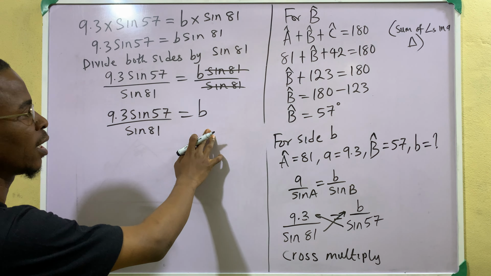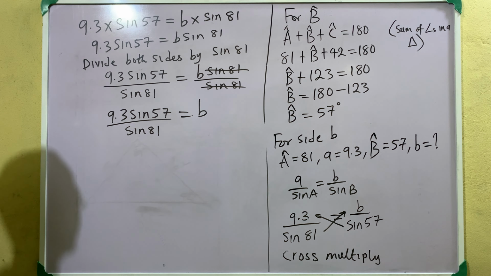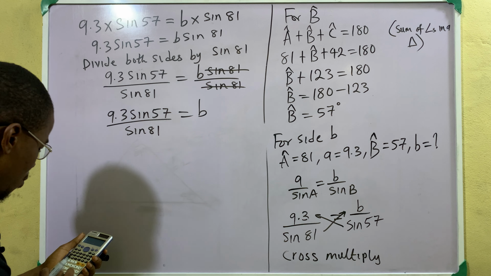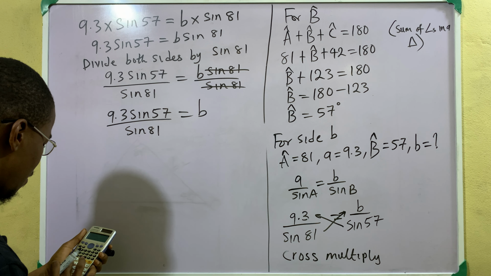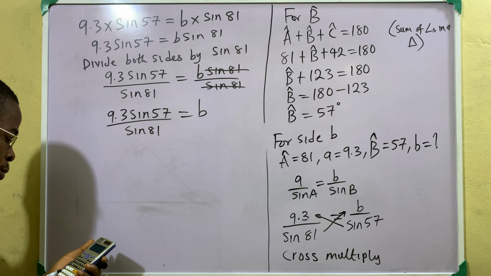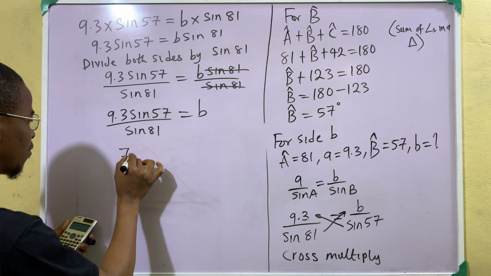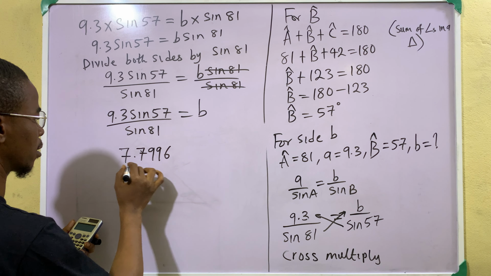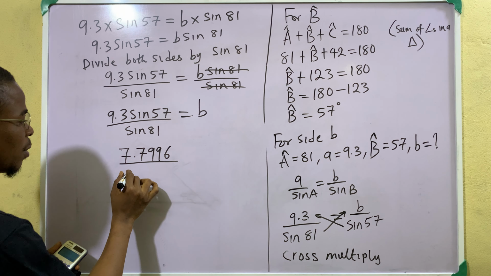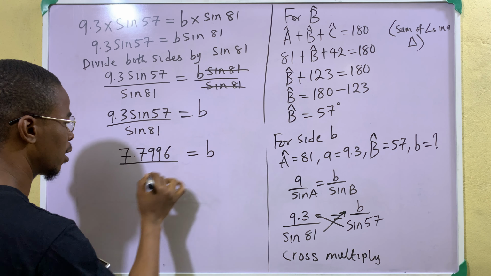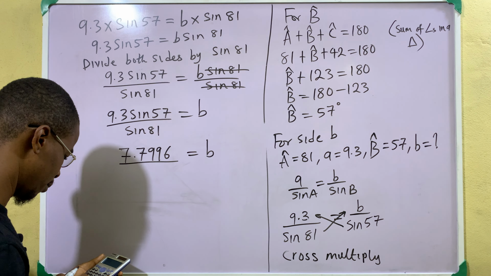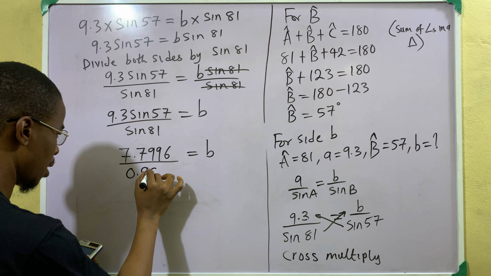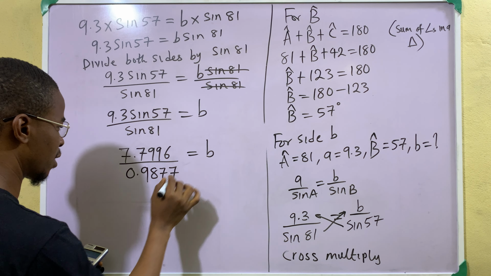Once you've made b the subject of the formula, you can start the calculations. So let's go. We have for the numerator 9.3 sine 57. You can press the calculator too. We have the numerator as 7.7996, divided by, is equal to b here, divided by, what is sine 81? 0.9877.